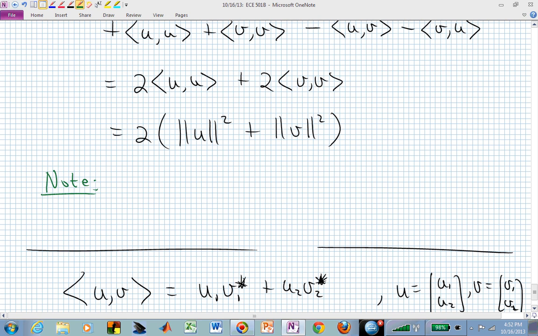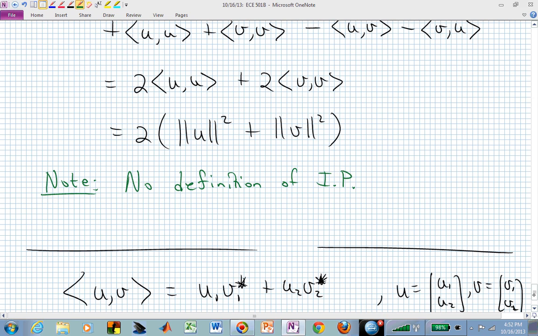That's what I was saying before. As long as you have a reasonable, a valid inner product, it satisfies that parallelogram equality. So there was no definition of the inner product.